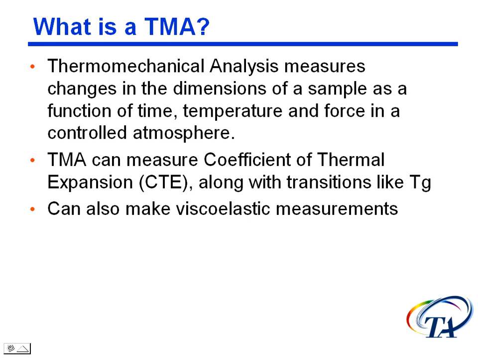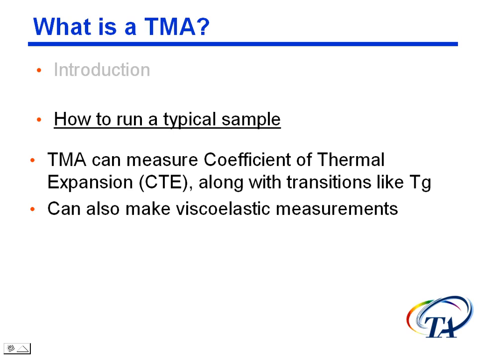If it changes dimensions, we're going to record how much it changes, okay? Or we're going to record if it doesn't change. Now, TMA can measure coefficient of thermal expansion along with other transitions like glass transition. It can also make viscoelastic measurements, and we'll talk about that as we go through today, like modulus.